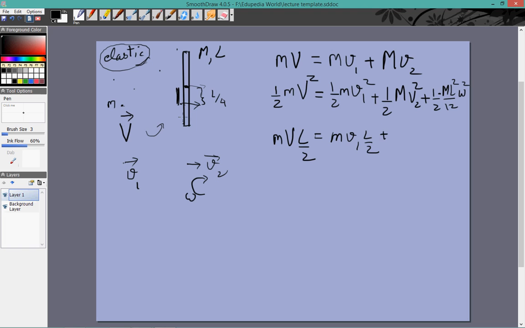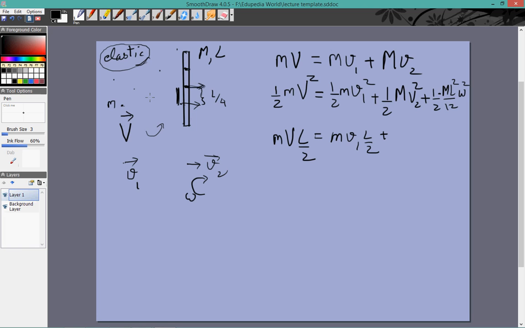plus the angular momentum of this, which will first be the angular momentum of the center of mass, and then the angular momentum with respect to the center of mass. The angular momentum of the center of mass in this particular case is 0 because I have chosen the center of mass as the point, so R will be 0. If I wanted to conserve angular momentum at another point, then we would also have an angular momentum of the center of mass.